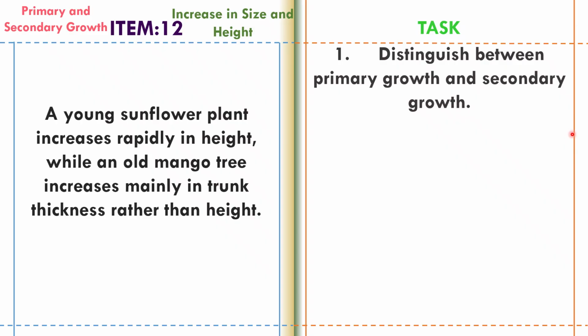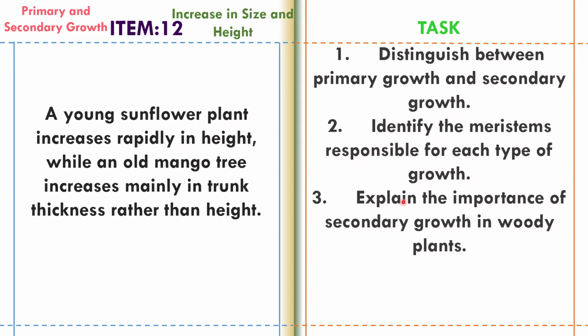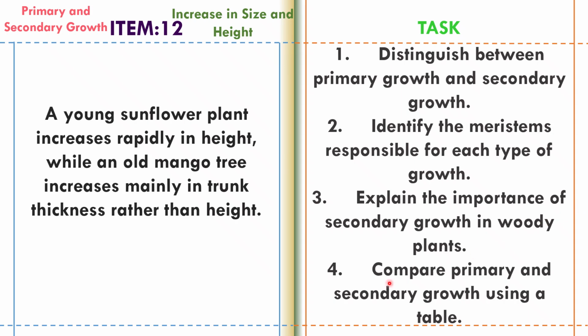Task: distinguish between primary growth and secondary growth. Identify the meristems responsible for each type of growth. Explain the importance of secondary growth in woody plants. Compare primary and secondary growth using a table.